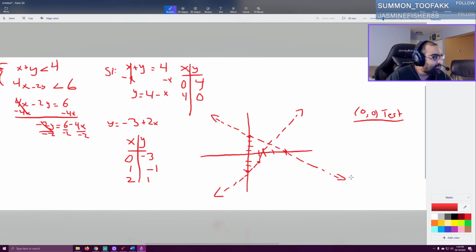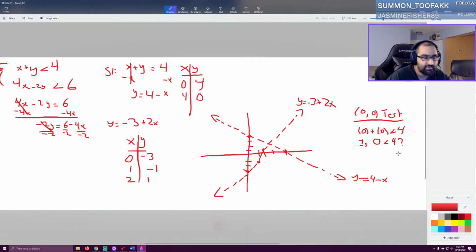So the first one is y is equal to 4 minus x, and the other one is y is equal to negative 3 plus 2x. Okay, so here's the first one. We have 0 plus 0 less than 4. Is 0 less than 4?